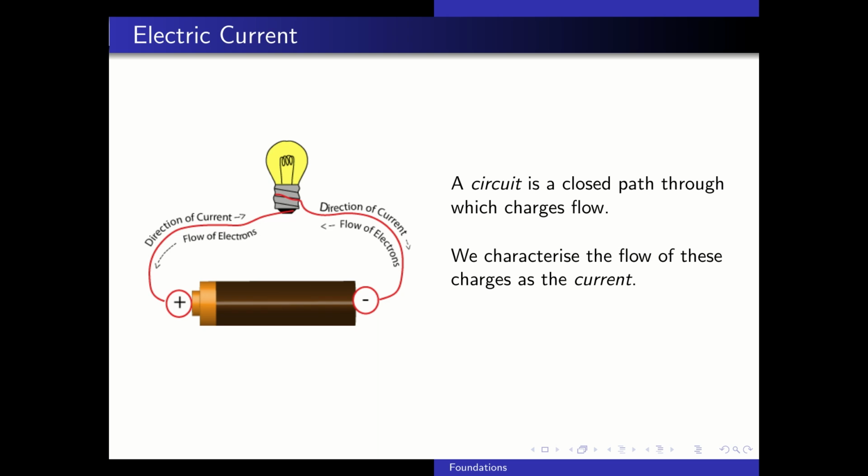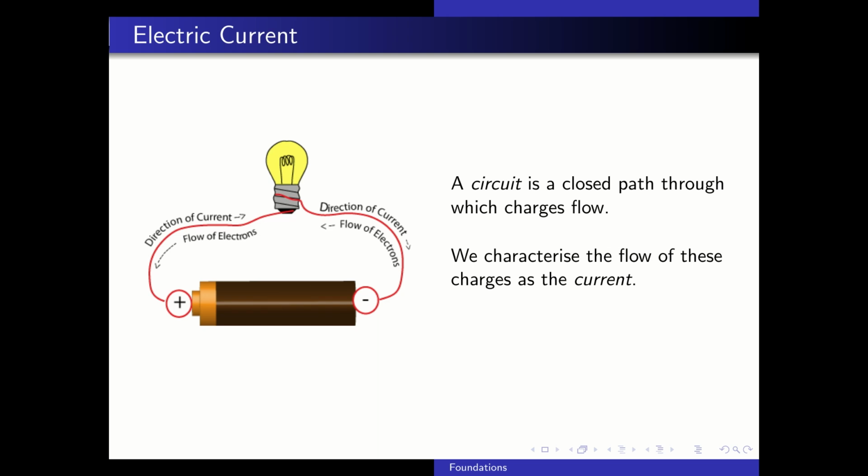Take a picture here, this little cartoon picture of a simple light bulb attached to a battery. This is basically how any flashlight works. You've got some battery, you've got a wire that connects one end of the battery to the light bulb, you've got another wire that connects a different part of that light bulb back to the battery.